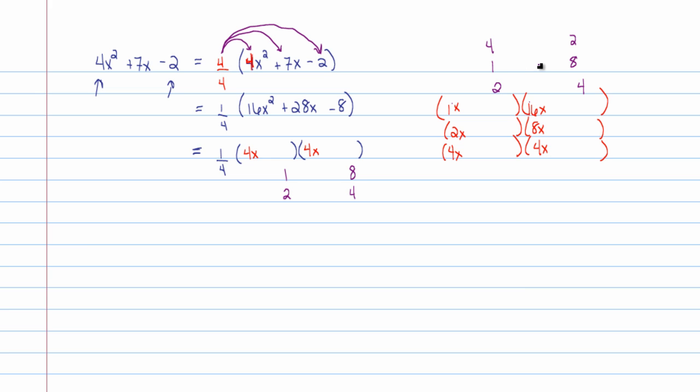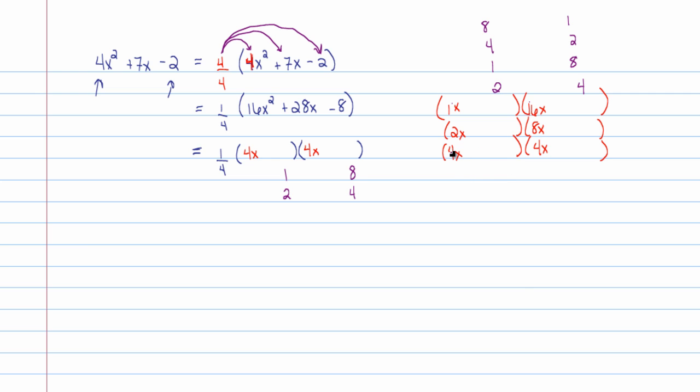And since I have 1 and 8, I have to write 8 and 1. And then you check all 4 of those instances to see which one is the proper factorization. And if none of those worked, then you'd go to the 2x and the 8x and do 4 factorizations there. And if none of those worked, then you go to the 4x and 4x. Okay, so you see there's a lot of work if your coefficients are highly factorable.